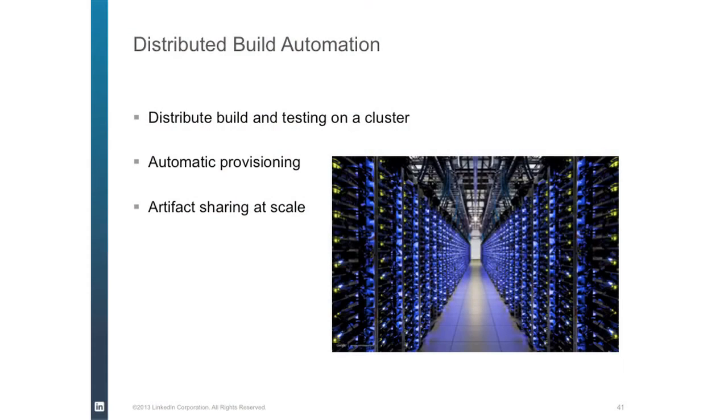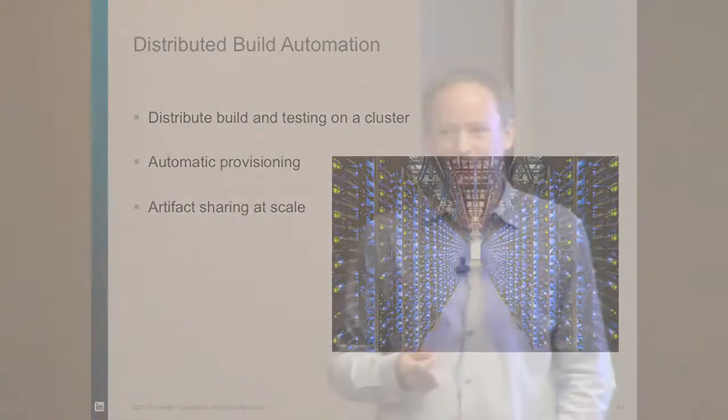So I want to mention quickly, one of the future directions that I see for Gradle that I'm super excited about is the ability to do truly distributed builds. We have a huge amount of computing resources available to us, and with parallel execution, we can take pretty good advantage of a single machine's resources.